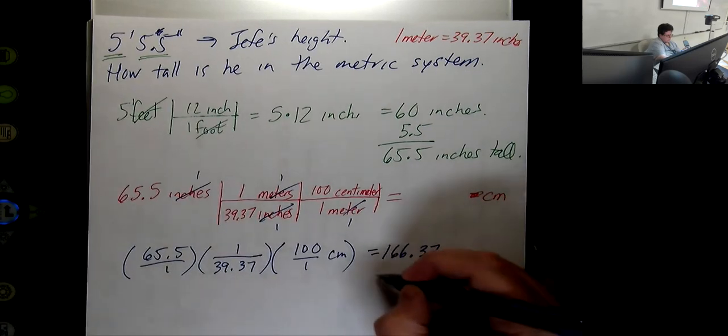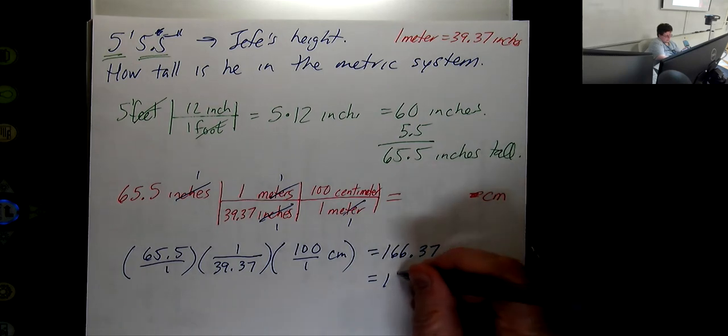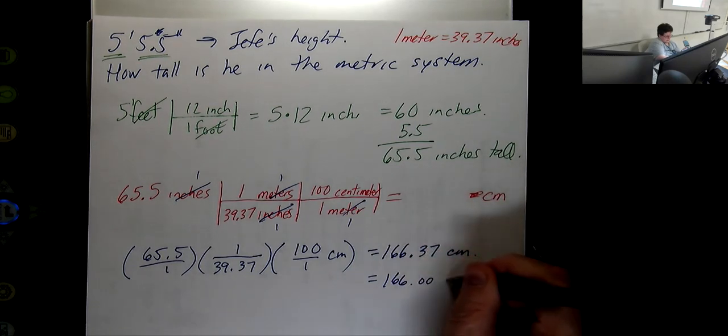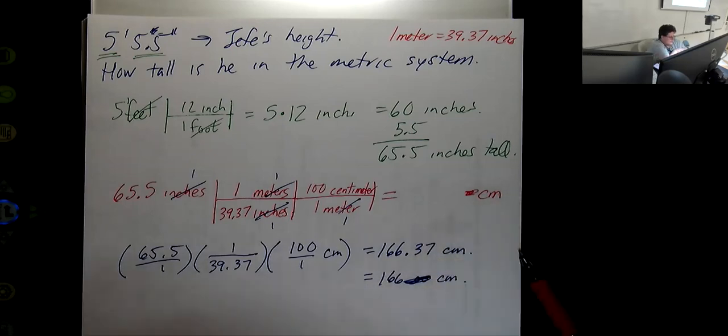And I'm going to round this to 166, and not have the 0.0, just dump the zeros. 166.